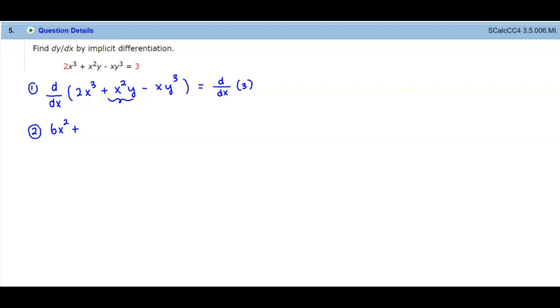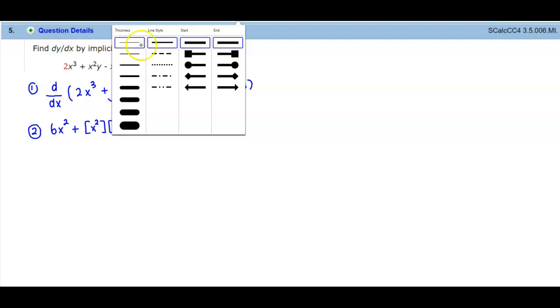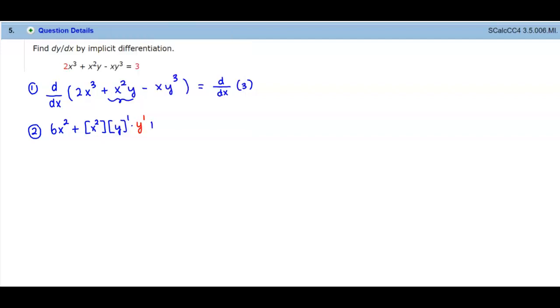So we take the first function, which is x squared, and then multiply it by the derivative of the second function, and that's going to be times y prime, since it is implicit differentiation. And then plus, we're going to take the derivative of the first, which is 2x, times y.